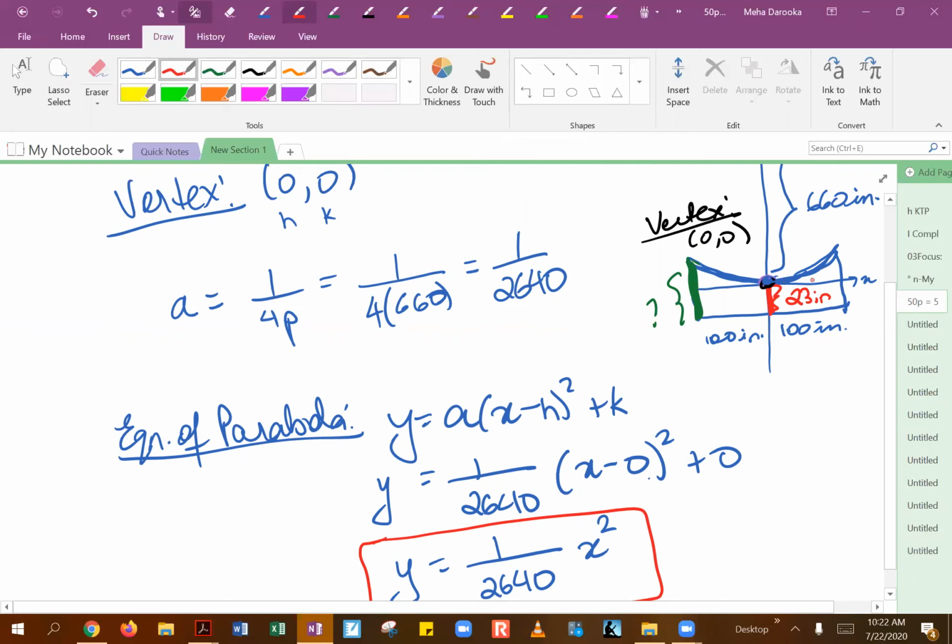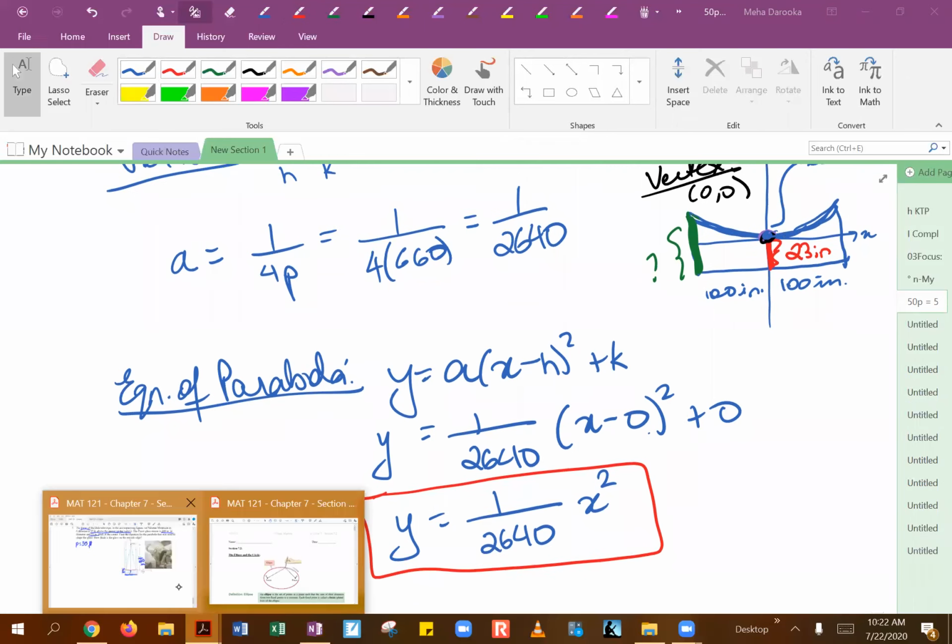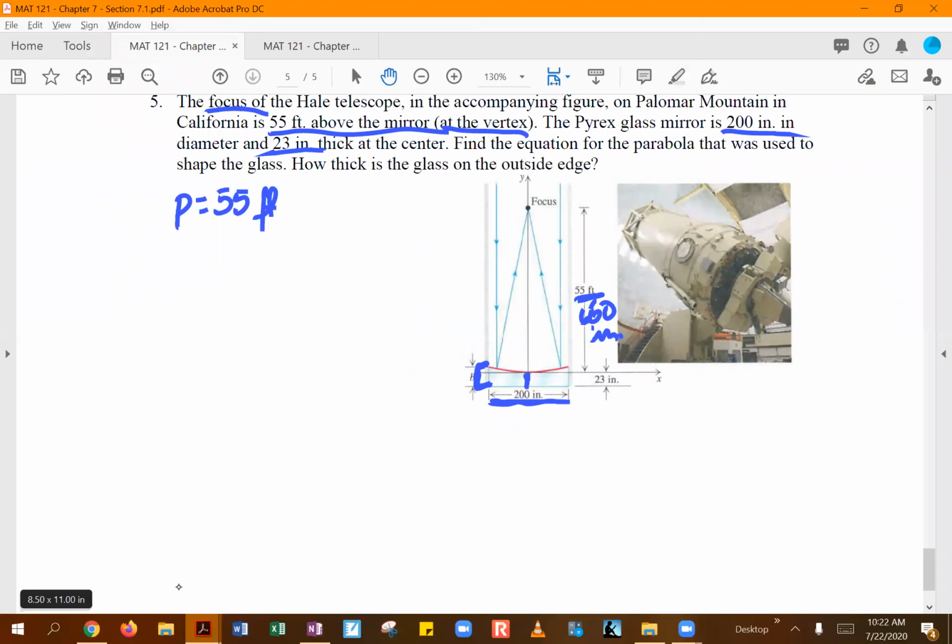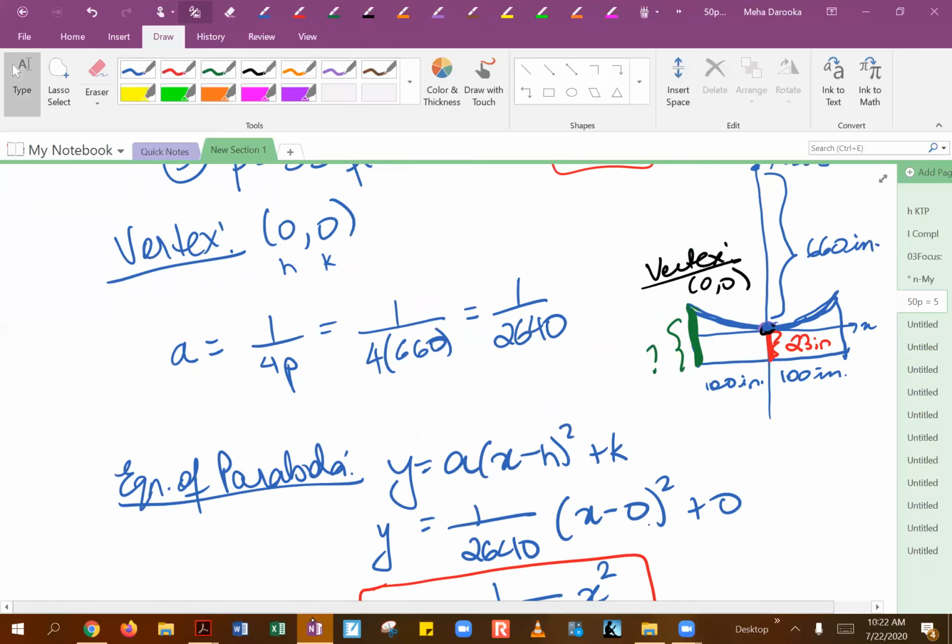Now, the other thing they asked us to find was the thickness of the outside edge. And finding that thickness of the outside edge is basically, if we know this is our parabola, then this point over here is basically the y value when you know your x value over here.